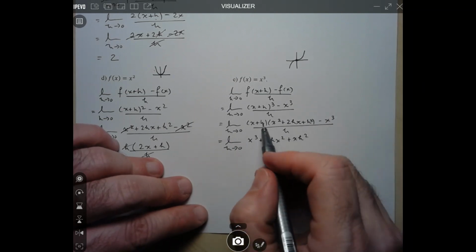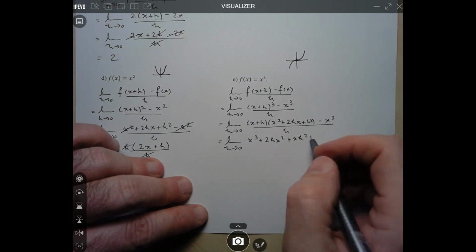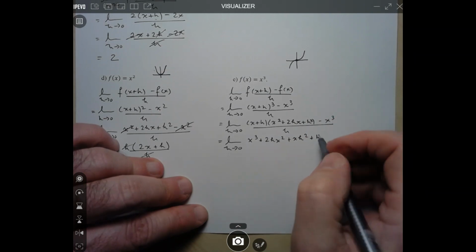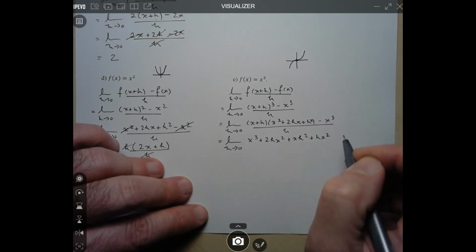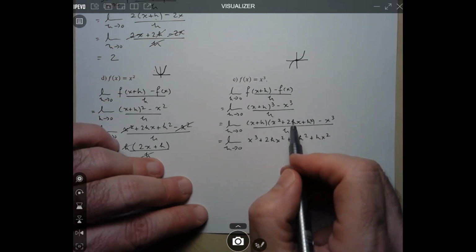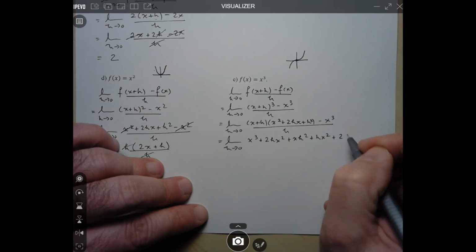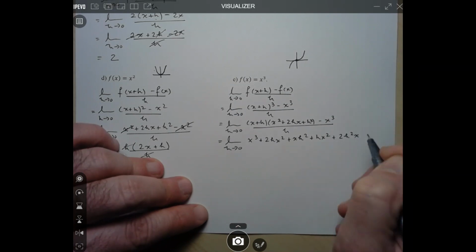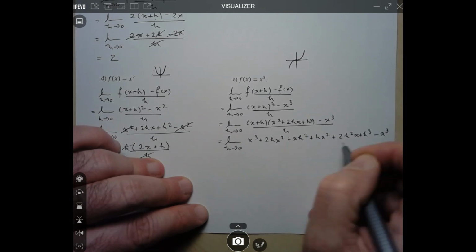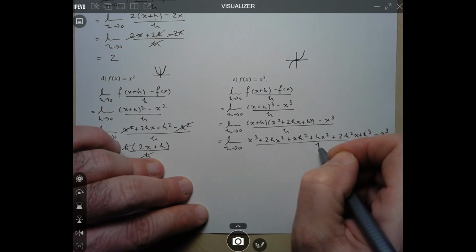Now let's do these here. There's another hx squared. Here's a 2h squared x for that one, plus 2h squared x. And then finally, h times h squared is h cubed. And then, of course, the minus x cubed all over h.